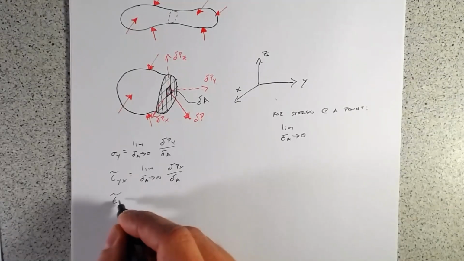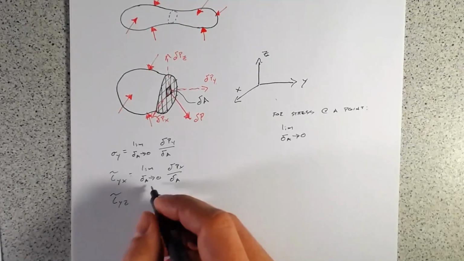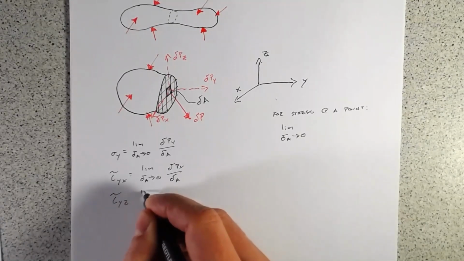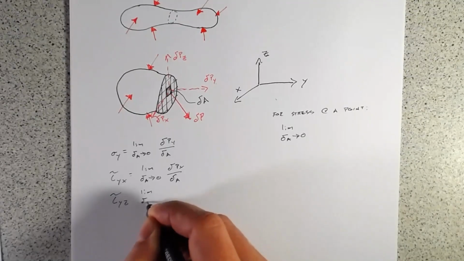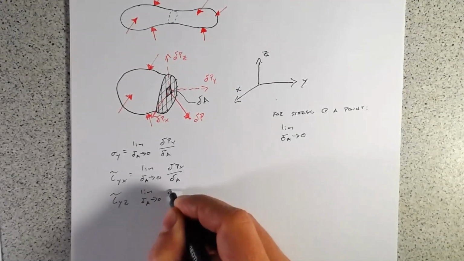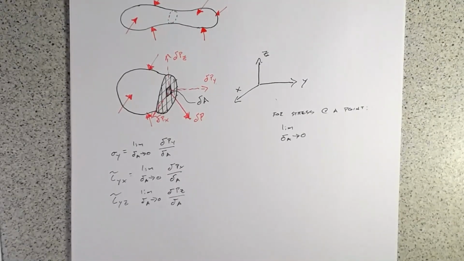And then tau of yz is going to be the limit as delta A approaches 0 of delta Pz over delta A.